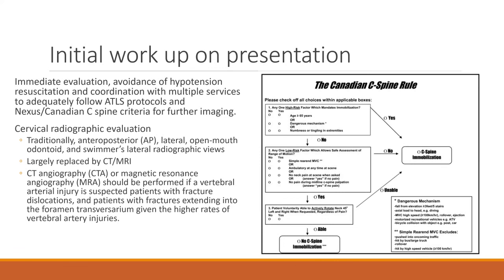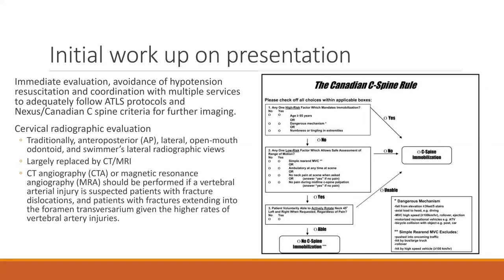In the standard fashion for most trauma workups, the initial protocol should be evaluation of the patient, resuscitation by the appropriate advanced trauma life support protocols, avoidance of hypotension, and evaluation by either the NEXUS or the Canadian C-spine rules.